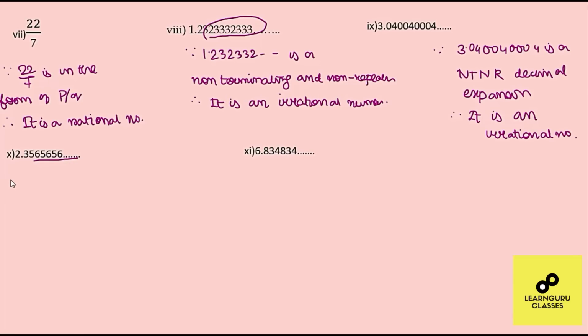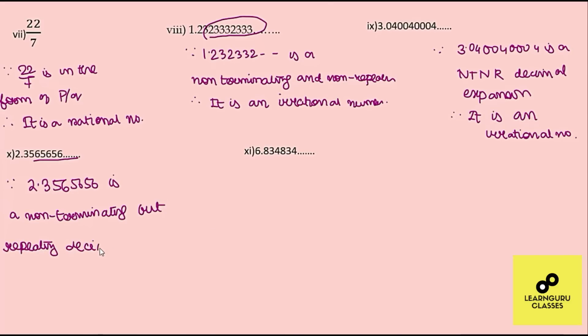So since 2.3565656 is a non-terminating but repeating decimal expansion, therefore it is a rational number.